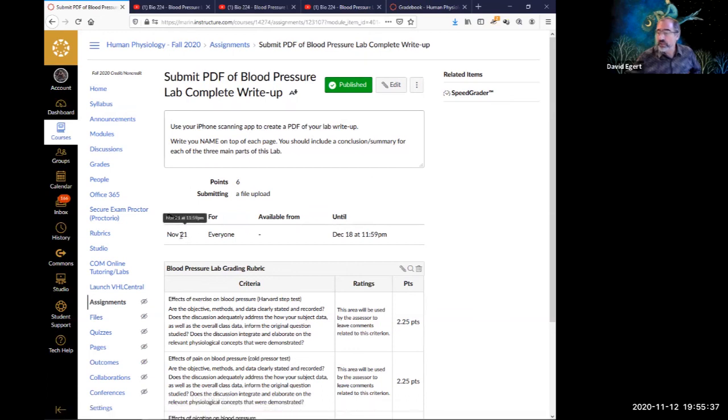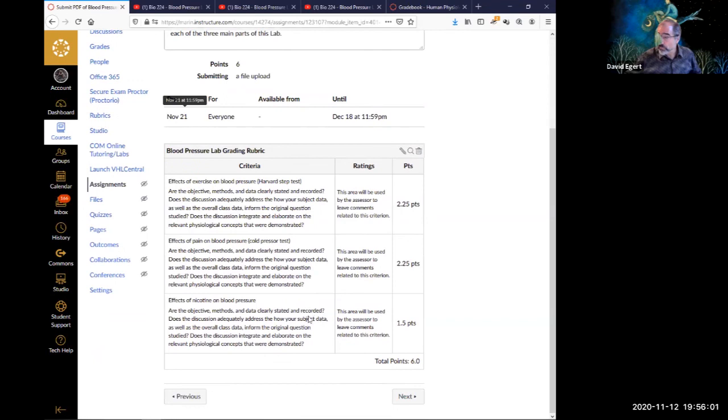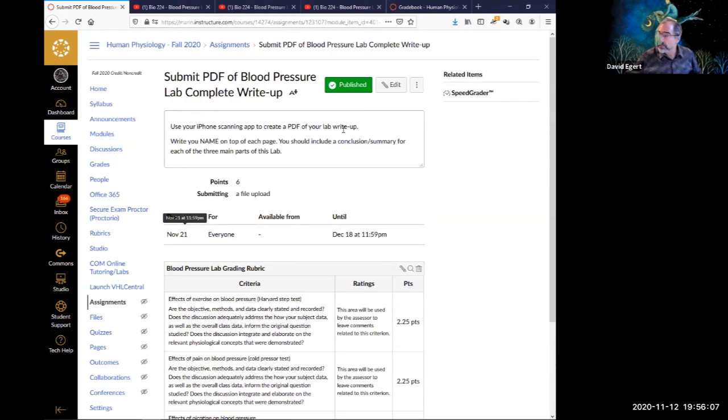So again, I'm trying to make sure people keep moving and don't get caught, because I've been noticing that not everybody, but a number of people tend to leave things right before they're due. So I want to make sure you don't get caught up at the end of the semester with too much to try to do all at once. So that is that.